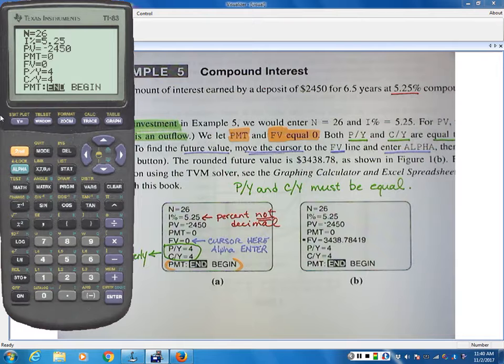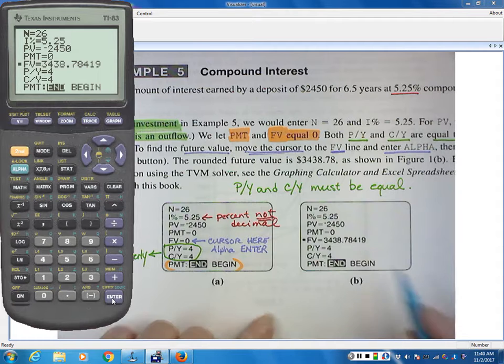Don't worry about what's at the bottom until I tell you that we're doing a problem where we need to worry about it. That won't be in this section. So enter your future value as 0 and leave your cursor there. Press alpha, enter, and it will tell you what your future value is. And you just need to round appropriately.